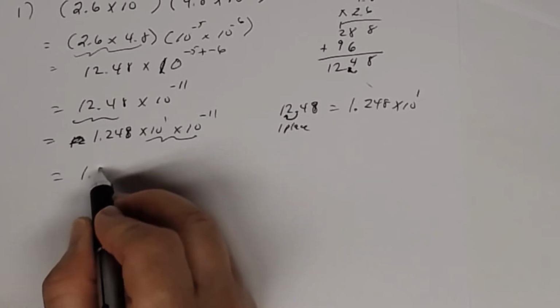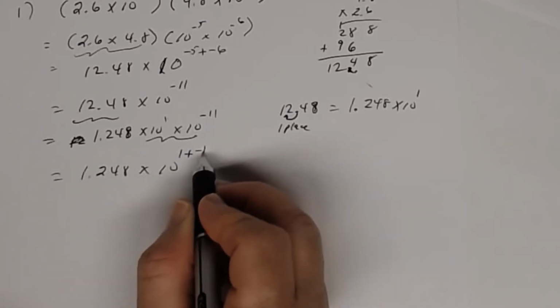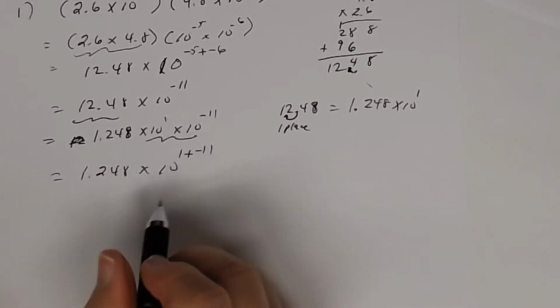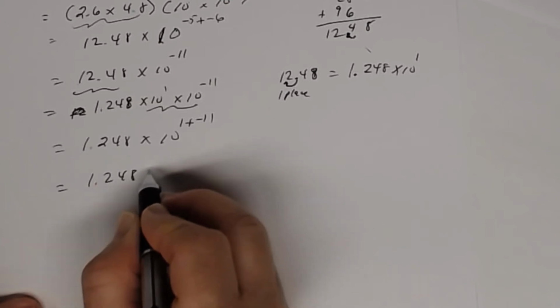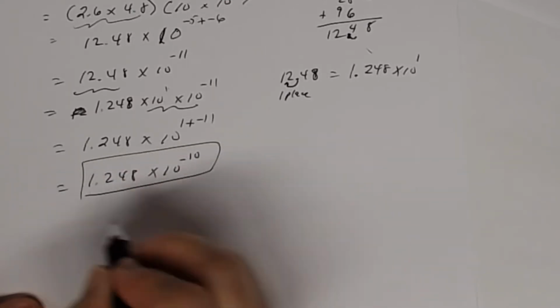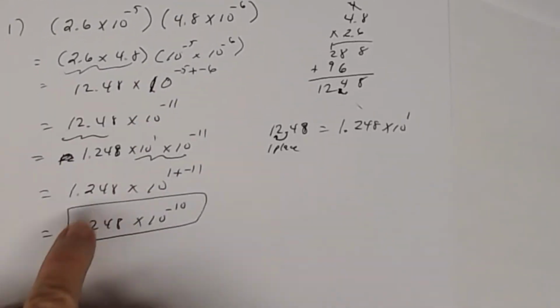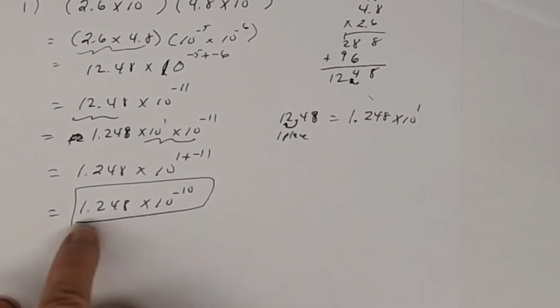So this becomes 1.248 times 10 to the first plus a negative 11. 1 and negative 11 is a negative 10. So I get 1.248 times 10 to the negative 10th power, and that's the answer. Now this product is written in scientific notation.